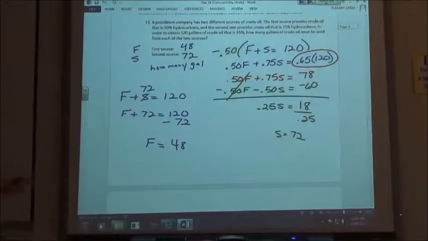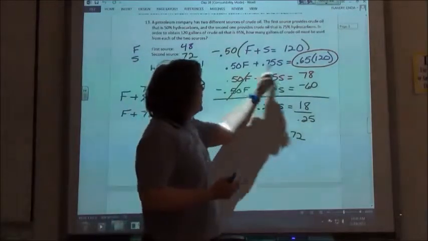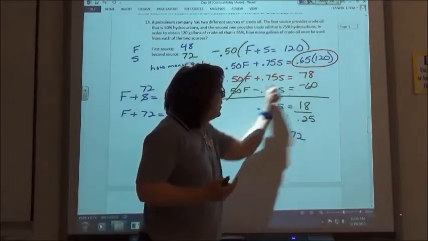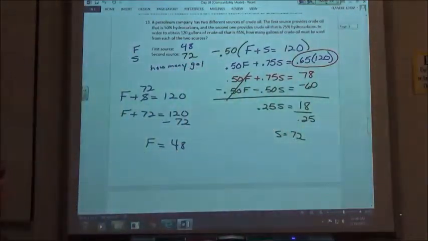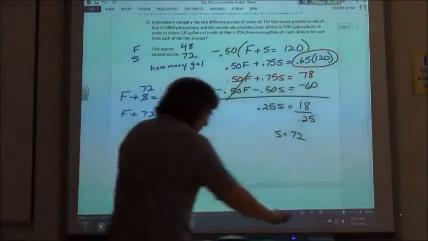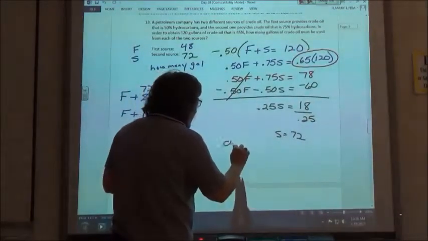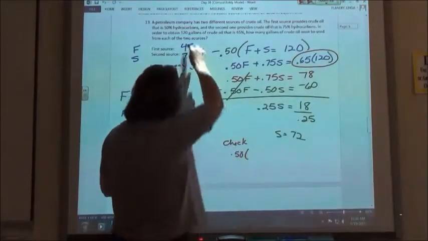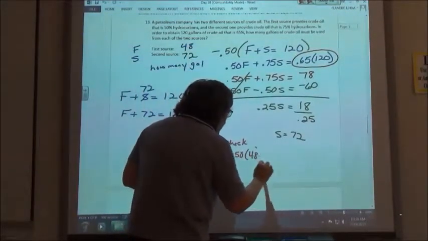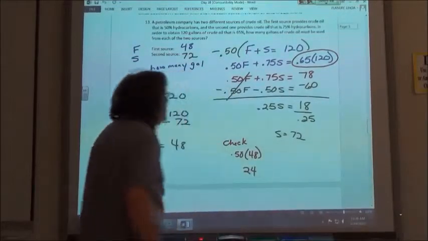So again, if you wanted to check your answer, you're checking it here or in the red one here, because the red one is where we calculated 65%. But I would say, okay, if I want to check, if my first one is 50%, 50% of 48 would be 24 hydrocarbons.